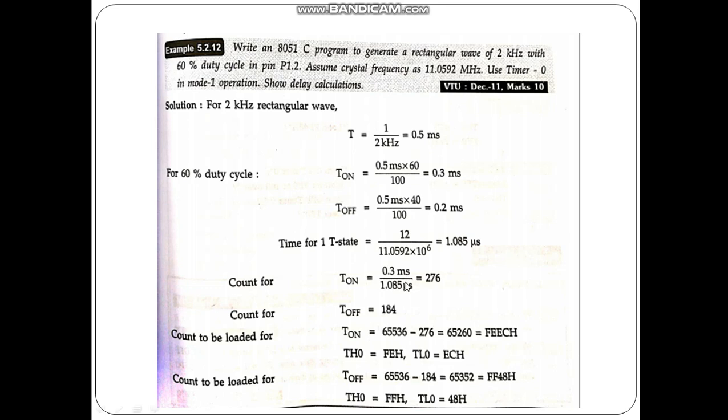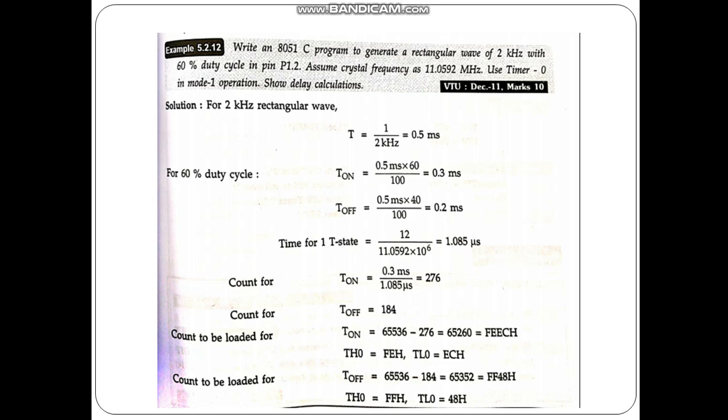Next, let us see what should be the value of T on. Here it is given that the T on period is 0.3 milliseconds. Considering the timer delay, the total count is 276. For T off, 0.2 milliseconds, the count is 184.